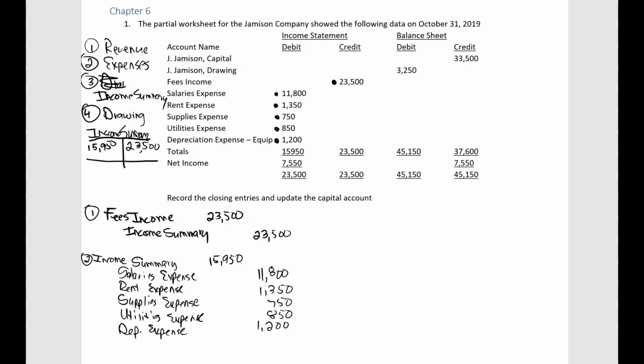So we need to know what is in here. What is sitting in income summary is $7,550. So this is the amount that we need to now close, which is our third closing entry. It has a credit balance, so to zero it out, we need to debit income summary.